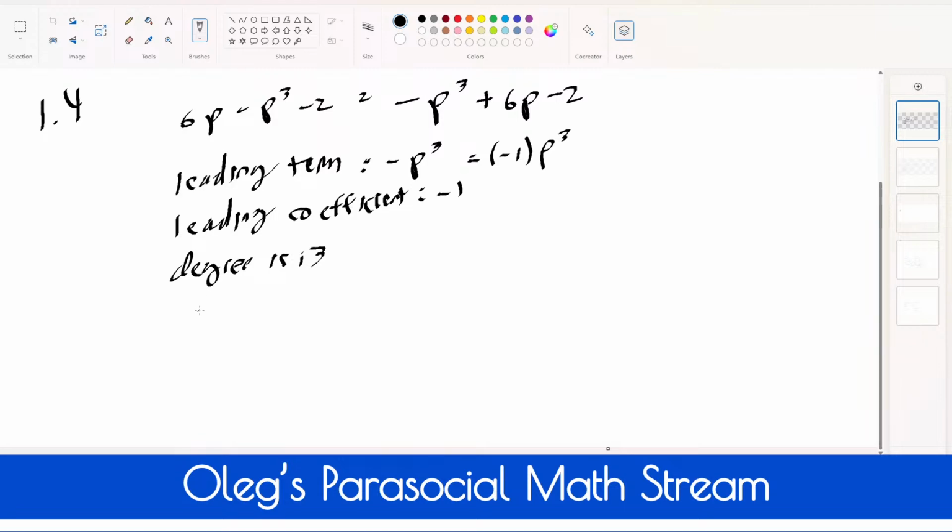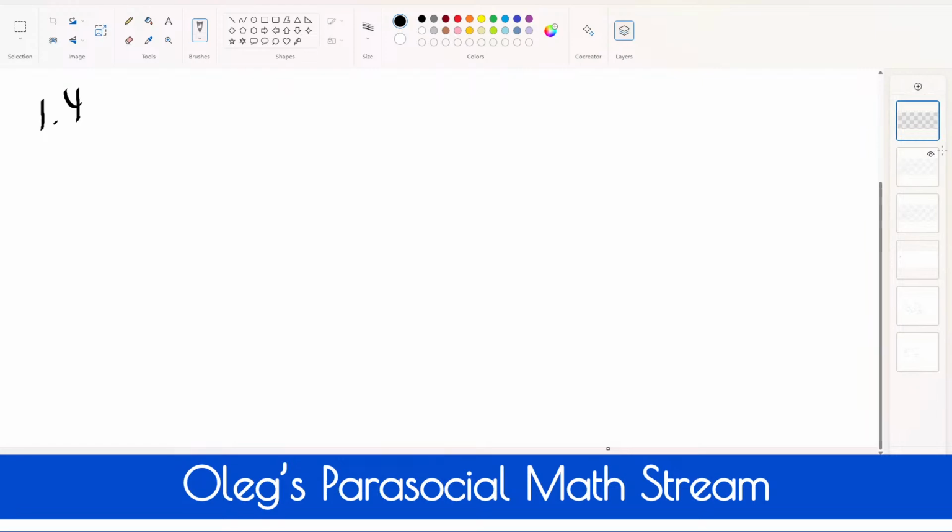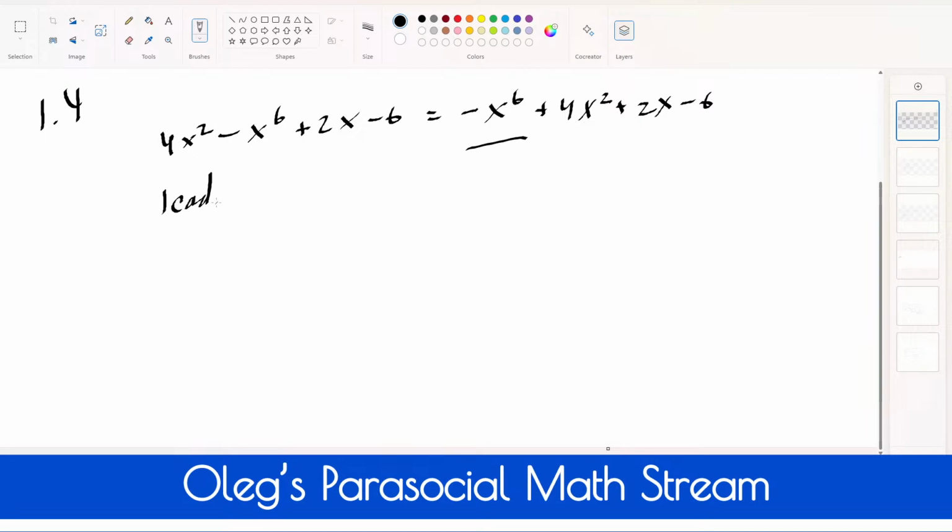And one more we have here. All right, so we have 4x squared minus x to the 6th power plus 2x minus 6. Let's write this in order. Negative x to the 6th power. So in this case, yeah, plus 4x squared plus 2x. We fundamentally just want to know about this position, right? I don't have to rewrite the whole thing, but that's fine. So we're going to say leading term. We identify that, and then we take the elements.